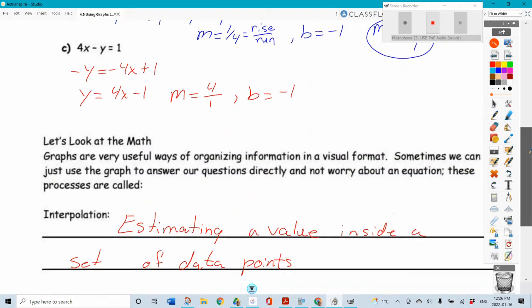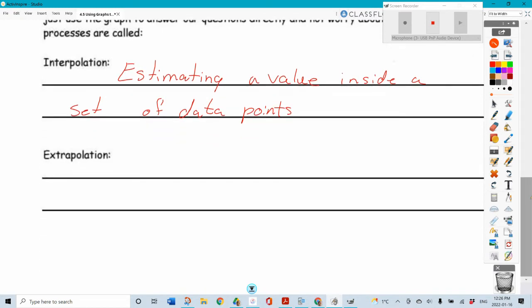Now my other one here, which is extrapolation, that one I can actually say a lot better. Extrapolating is almost the same. So this is estimating a value, sorry, that's not right.